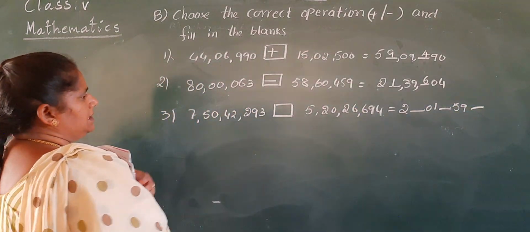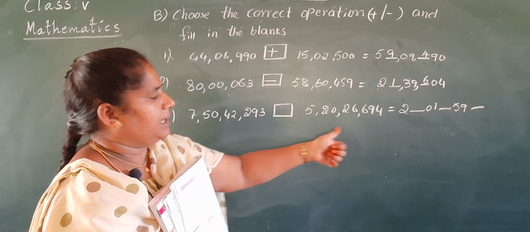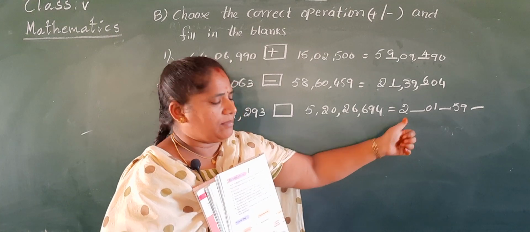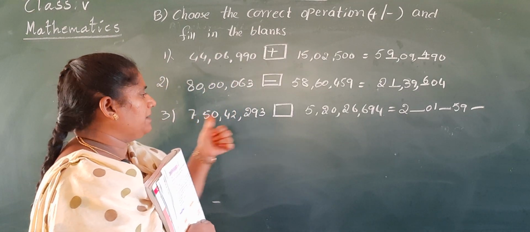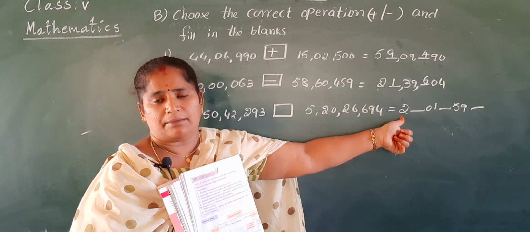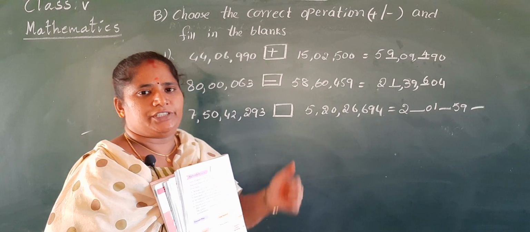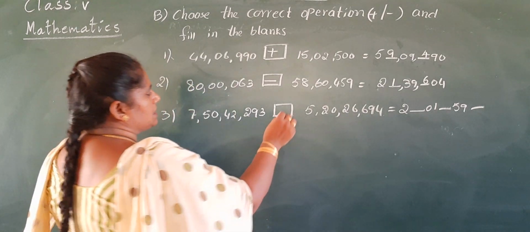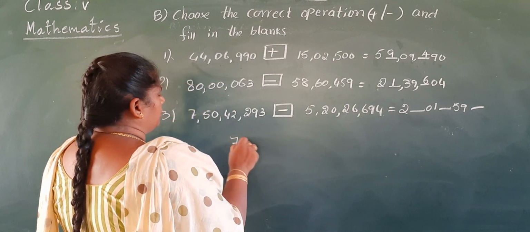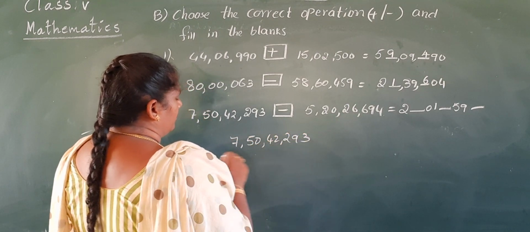See, here 7 crore, here 5 crore, here 2 crores. If you keep plus, 7 plus 5, 12, but here the number is given only 2. That means these two numbers we should subtract. So 7 minus 5 gives the answer 2. So you do the subtraction, then we can get the missing numbers.